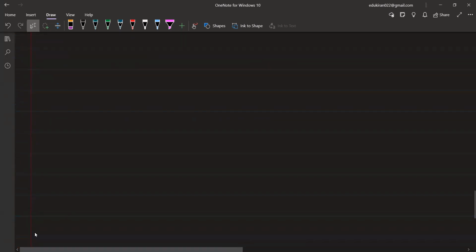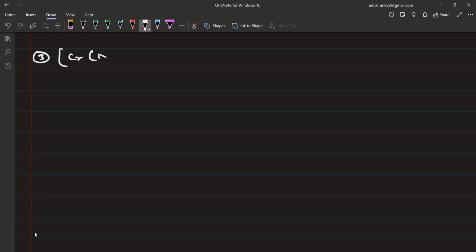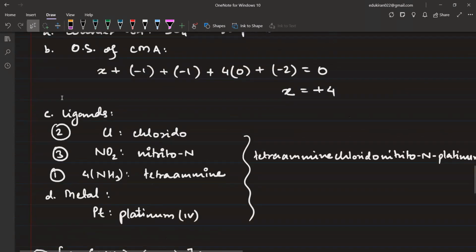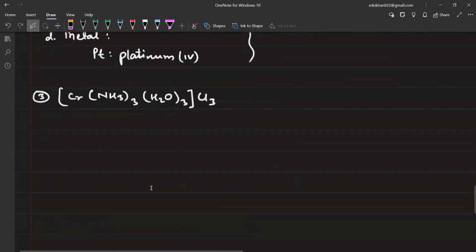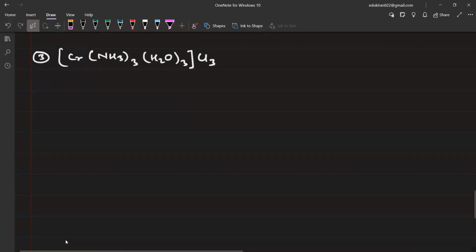Write one question that you need to do yourself. Cr, NH3 whole thrice, H2O whole thrice, then you have Cl3. And I need to see the work, not the answer. I need this part, A, B, C, D. Don't worry about the answer. If you just give me A, B, C, D, that's fine. But don't send me just the answer. Send the answers on WhatsApp.